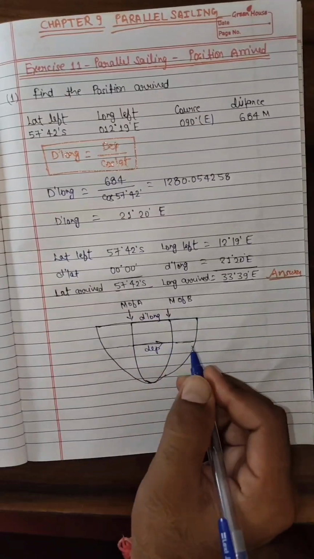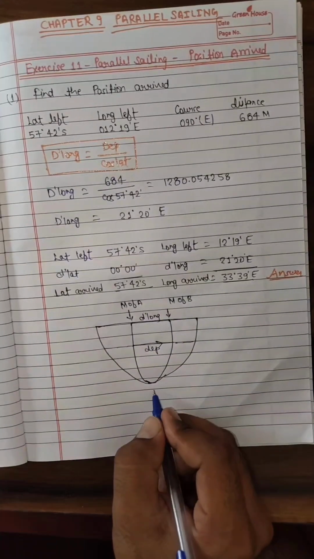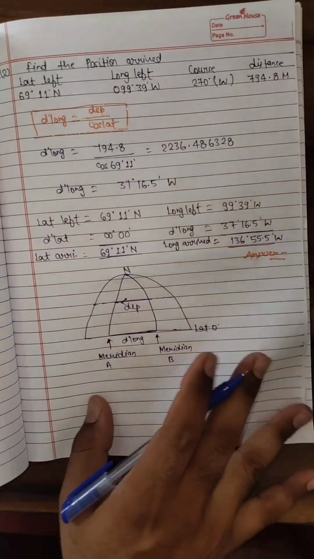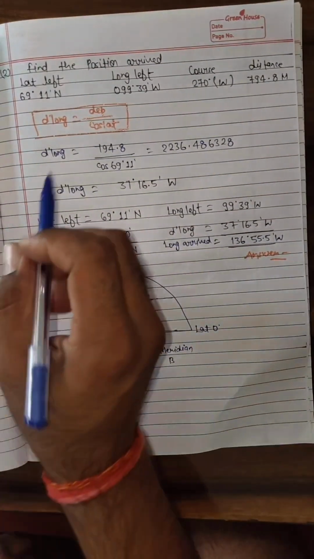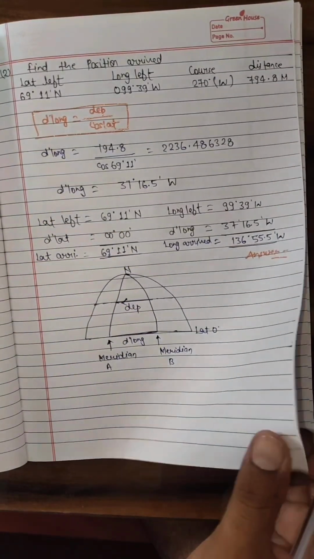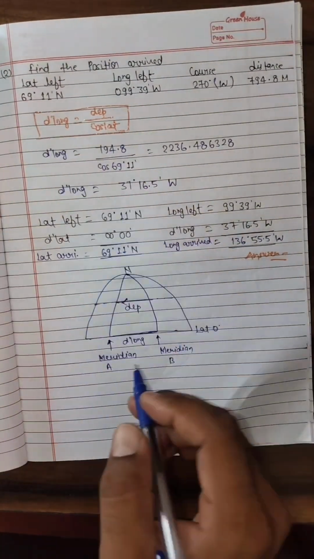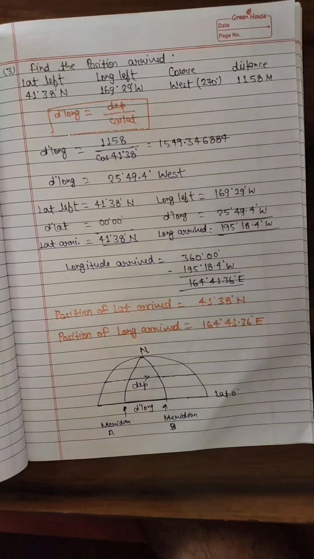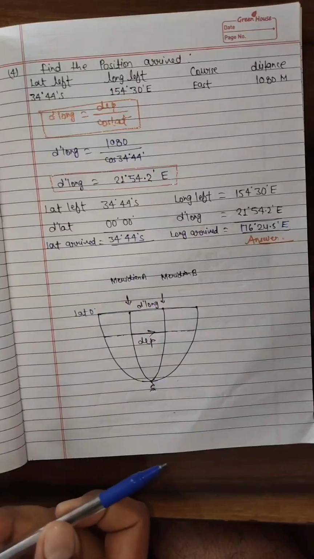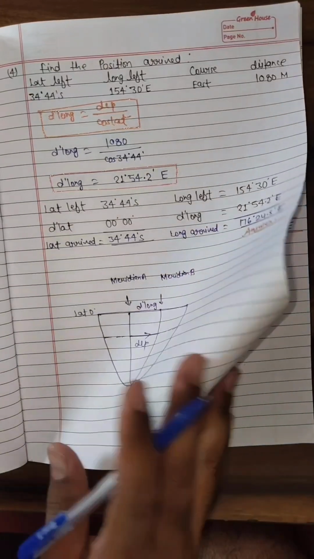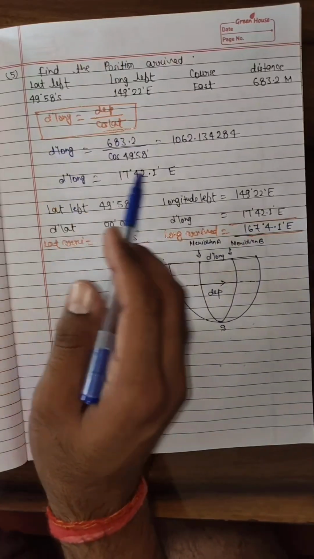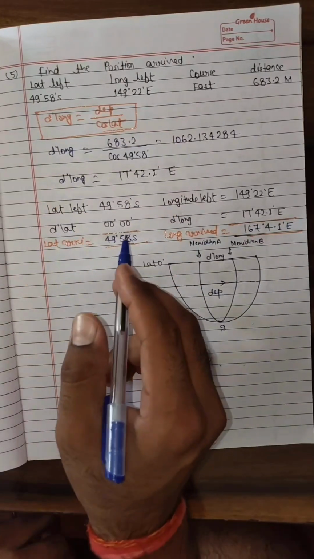So make the diagram in eastward direction. This is your southern hemisphere, that is your latitude 0 degree. So by the help of the latitude you can make the diagram in that direction. If it is in north hemisphere, then you have to make the diagram of north hemisphere, and if it is in south hemisphere, then you have to make the diagram of south hemisphere. And by the help of this formula you can find out the position arrived.